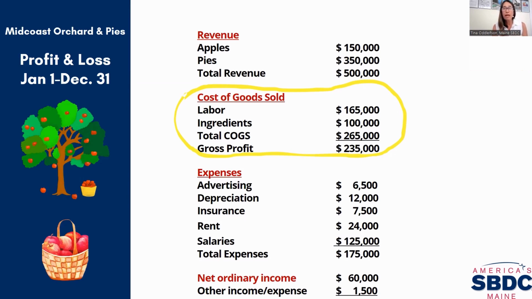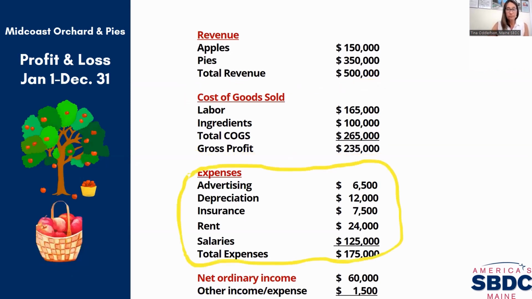The more revenue I have, the more labor and ingredients I have. So it's like those things are literally tied together. And we will see in just a few more slides why that becomes particularly important to separate out from the rest of our expenses.